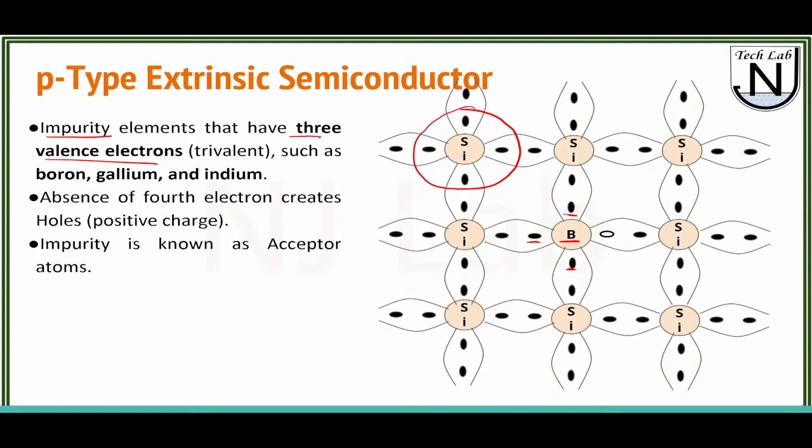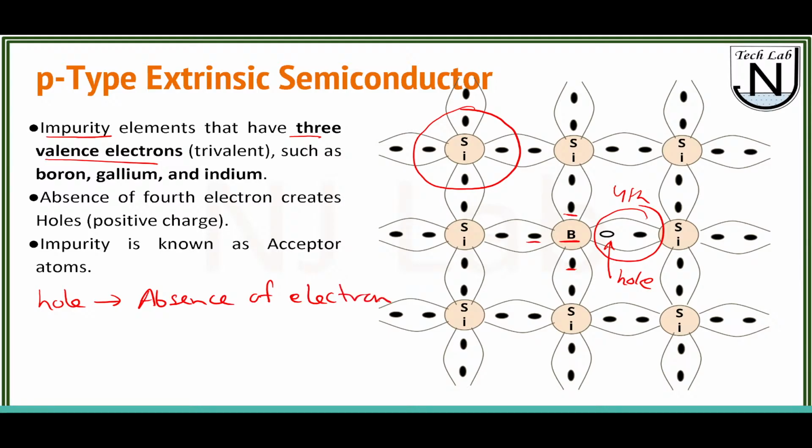So what about the fourth? When we talk about the fourth covalent bond, since the boron does not have a fourth electron, this fourth covalent bond creates one vacant position, or we call it a hole, which means absence of electron.